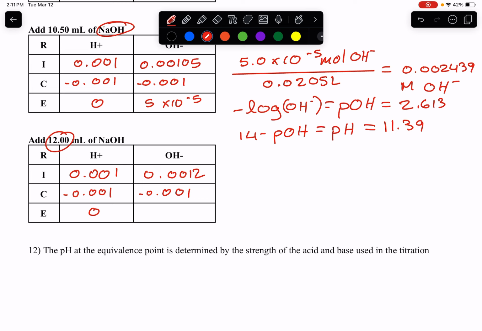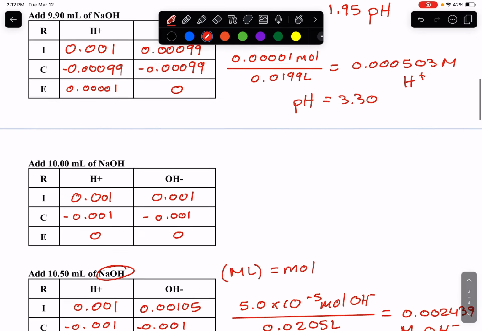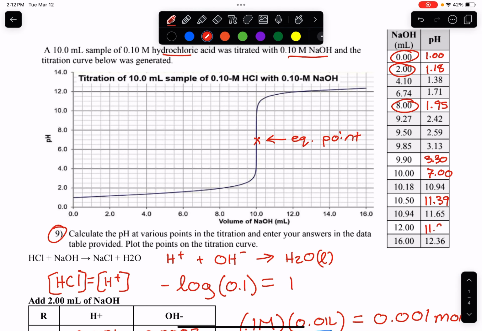We have 0 of this, and now we have 2E negative 4 moles of hydroxide. The total volume now is 0.022 or 22 milliliters. The molarity then is 0.009091. Take the negative log of that, and that gets us pOH, which is equal to 2.041. Then 14 minus the pOH is 11.96. And there we have 11.96.